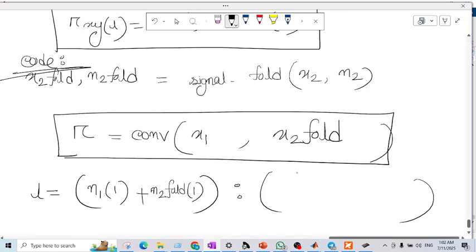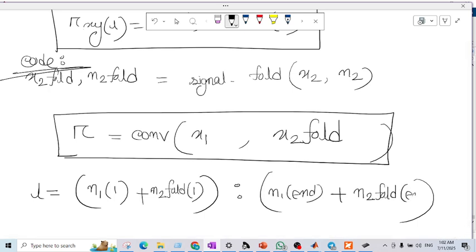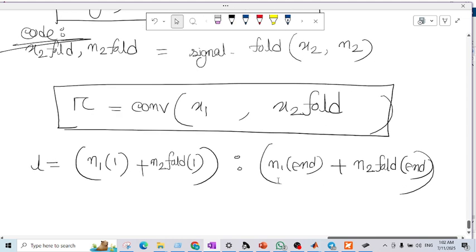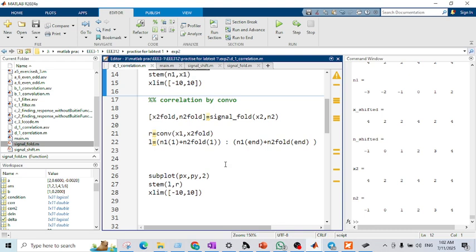As you are convolving x1 and x2 fold, you have to take the first element of their time indexes, and then you have to take the last element, and if you do this, you will get the information about L.